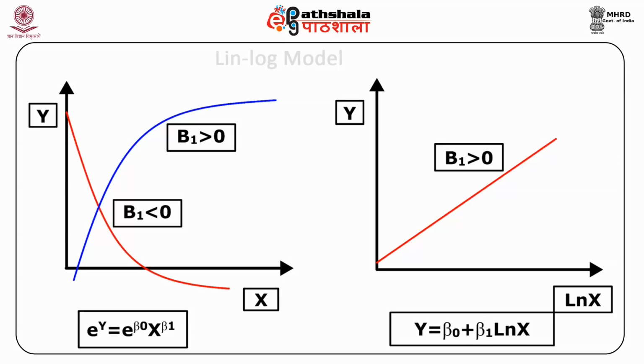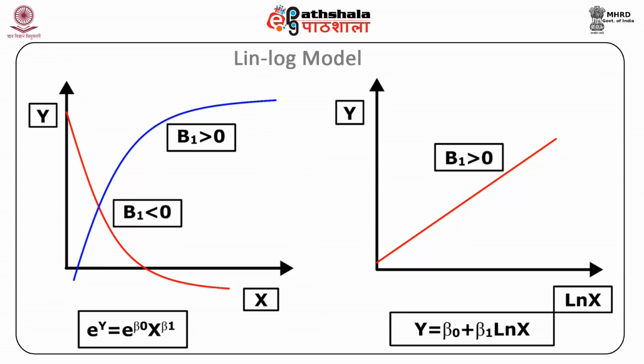If in an application one finds that beta 2 is equal to 500, the absolute change in y is 0.01 into 500, which is equal to 5. Therefore, when the regression is estimated by OLS, do not forget to multiply the value of the estimated slope coefficient by 0.01, or what amounts to the same thing, divide it by 100. If you do not keep this in mind, your interpretation in an application will be highly misleading.